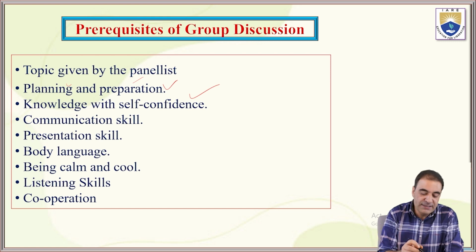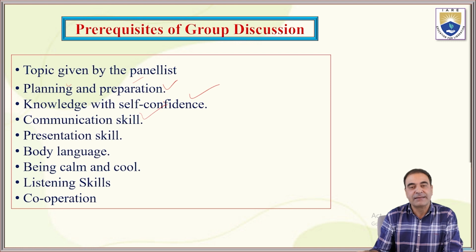The next one is communication sequence. For any group discussion, one needs to develop communication sequence. One should effectively communicate his or her ideas. And the next one is presentation sequence.